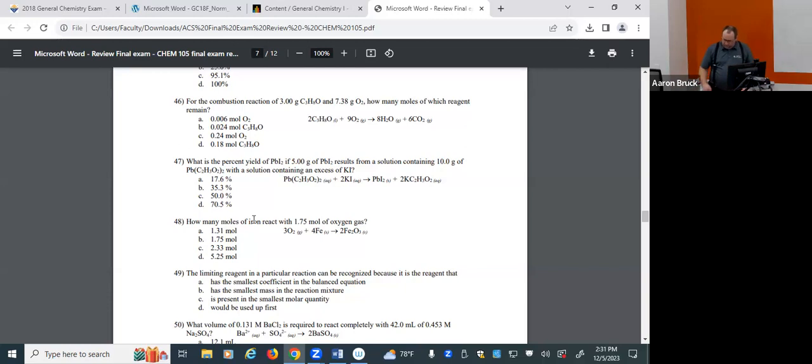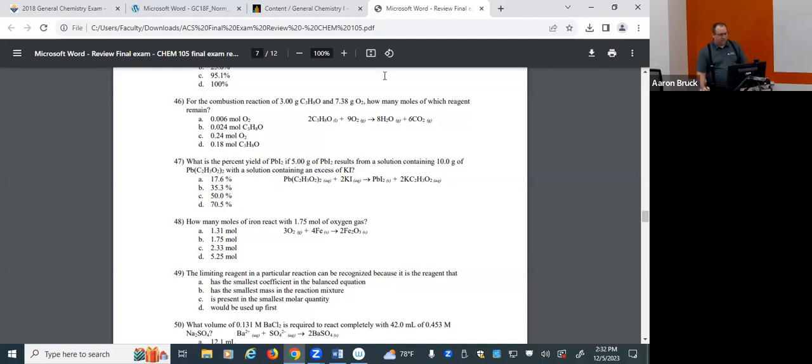Ordinarily, when we have limiting reactant problems like this, we usually figure out what the limiting reactant is by converting to a common product and seeing which one makes less. In this instance, we could do that, but it'd be a whole lot of extra work, because that's not what the question's asking. It's not asking us what the yield is. It's asking us what the limiting reactant is and how much of it is left over at the end of the process.